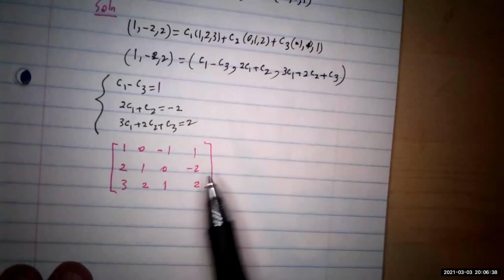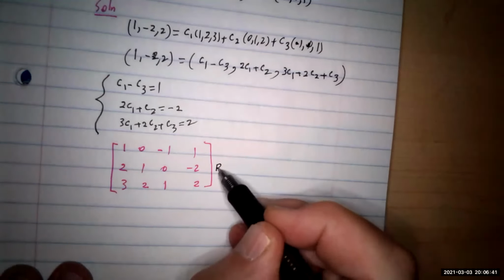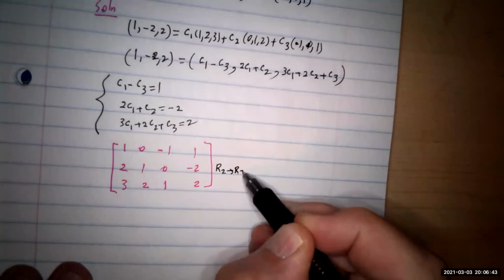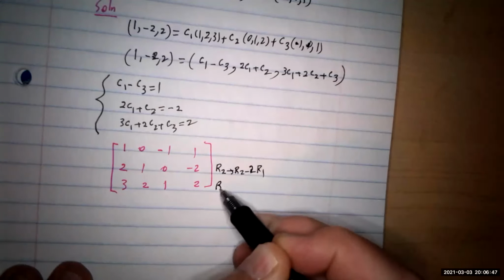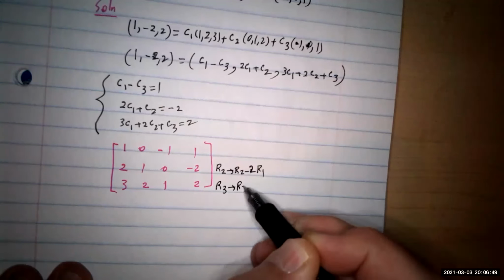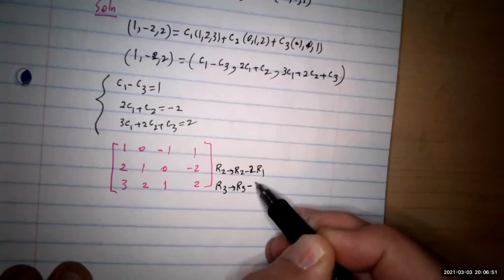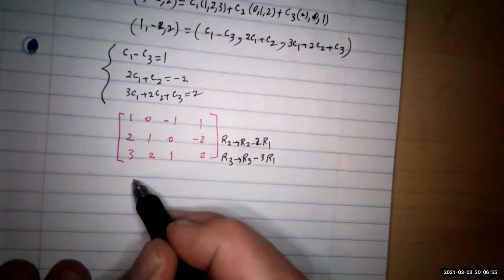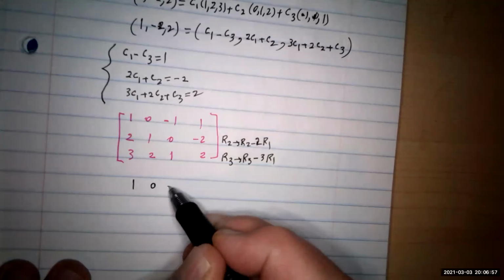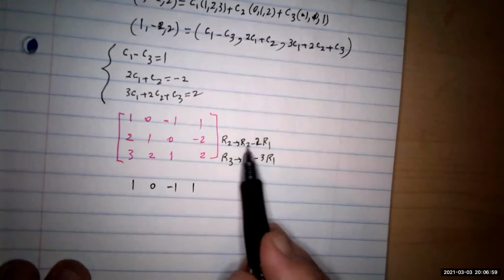You do those operations that we did again quickly. So R2 would be R2 minus 2 R1, and R3 would be R3 minus 3 R1. So that would simplify. It's going to be 1, 0, -1, and 1.